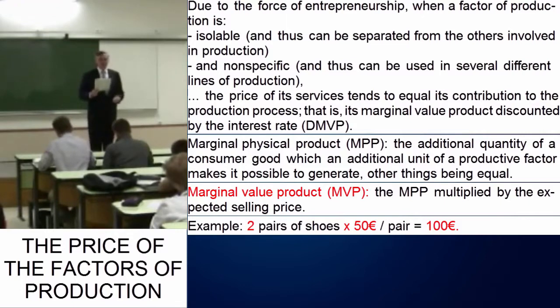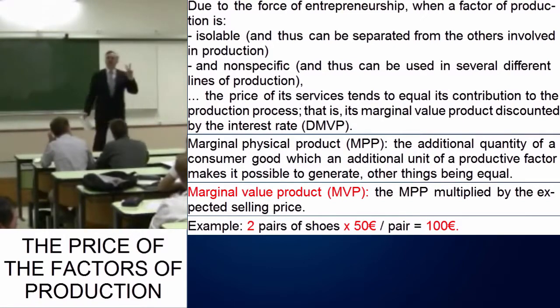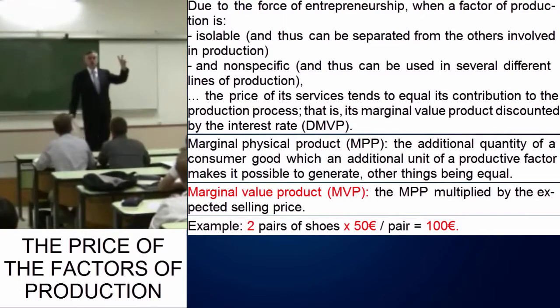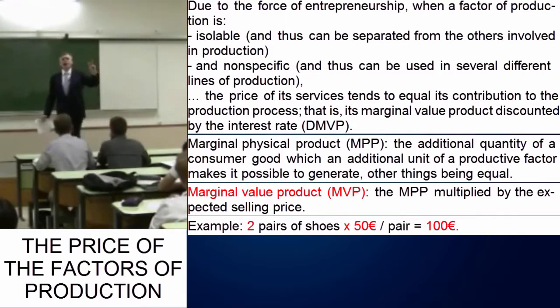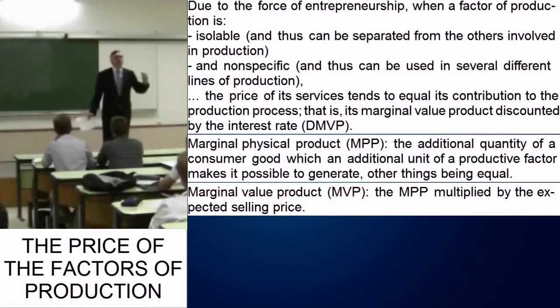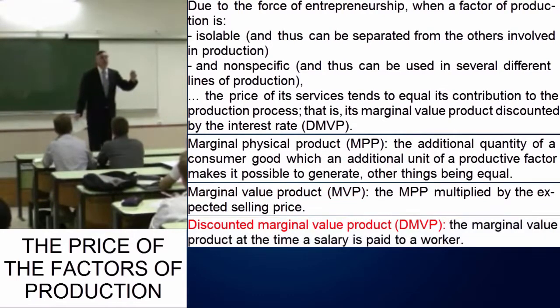Well, if each pair of shoes is going to be priced at 50 euros, the marginal value product would be 2 pairs of shoes times 50, or 100 euros. In other words, this is the same idea as before, but in terms of market prices. And now we come to the third step, understanding the discounted marginal value product.